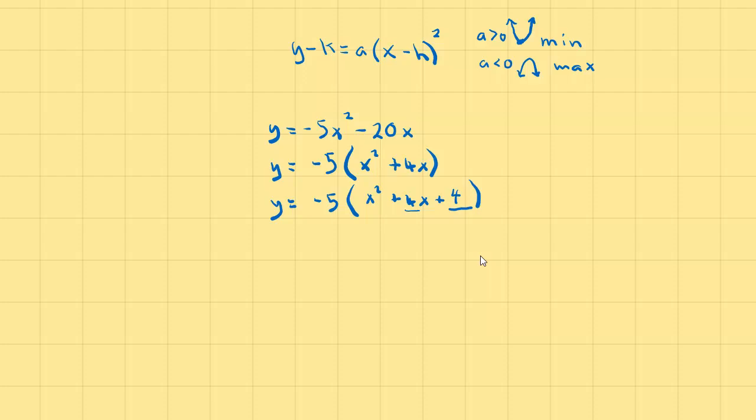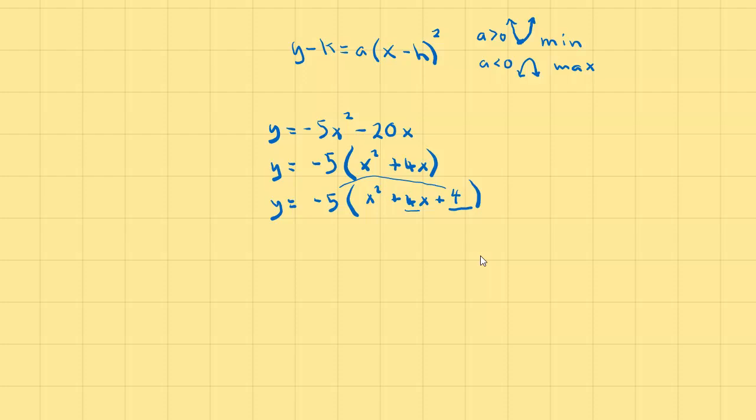Okay, so we're almost there, but there's one thing we have to do. See, when I put the 4 here, we threw the equation out of balance because I just put a 4 there that wasn't there before. So we also have to take it away. Now let's think about that. When I added a 4 here, look at the negative 5 outside of the parentheses. Now when you multiply negative 5 and 4, you get negative 20.